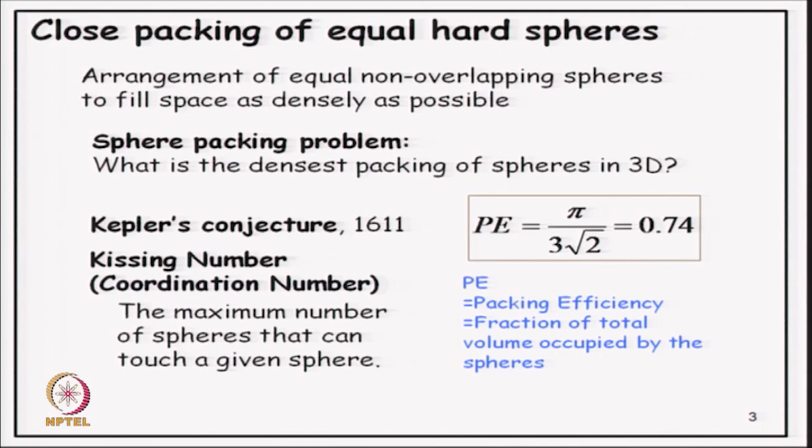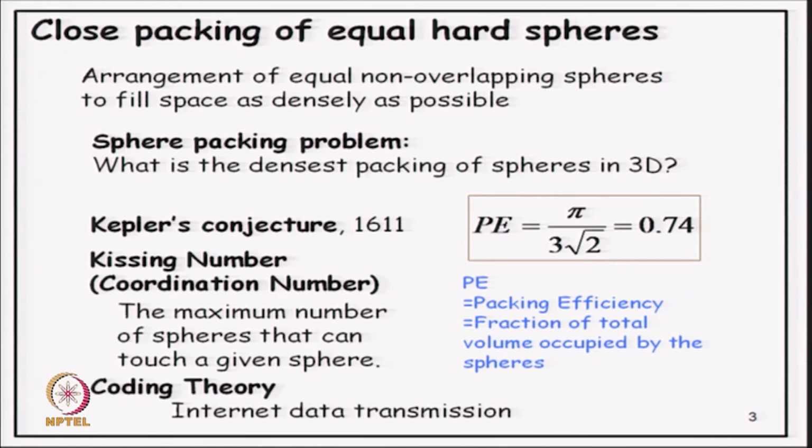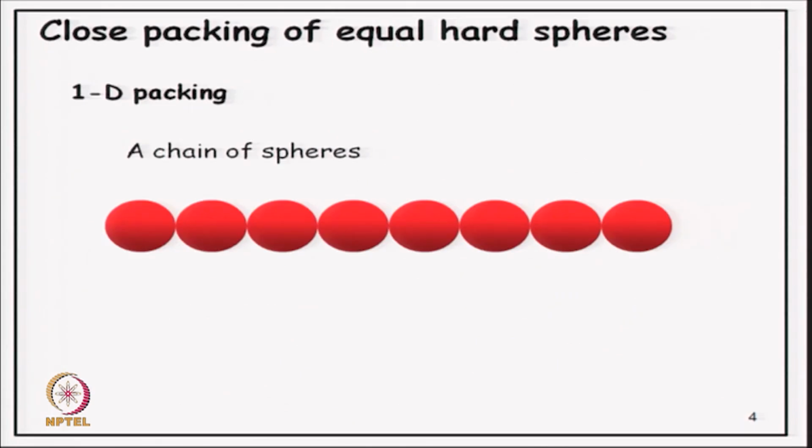In dense packing, both the packing efficiency and the coordination number will tend to be higher. Packing of spheres interestingly has applications in internet data transmission, of course, which is not a field of our interest in this course.